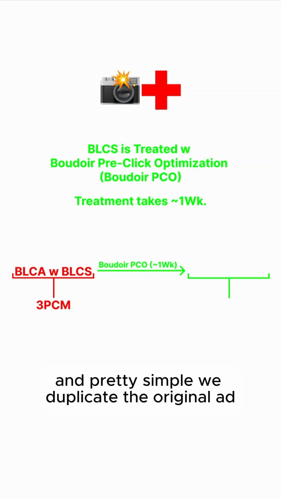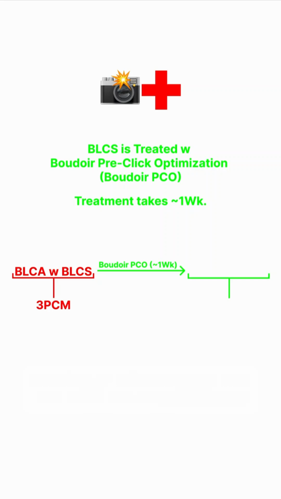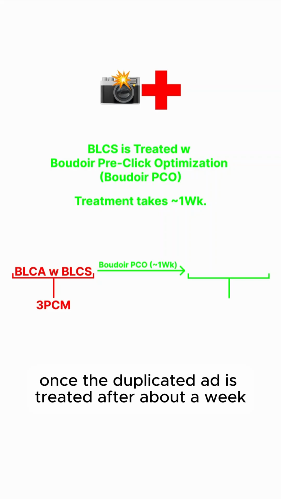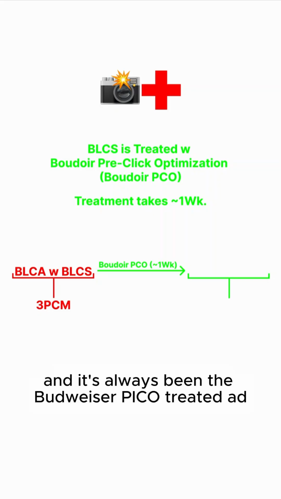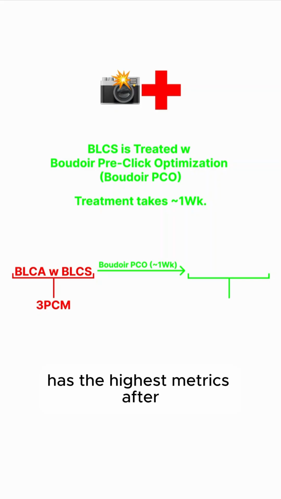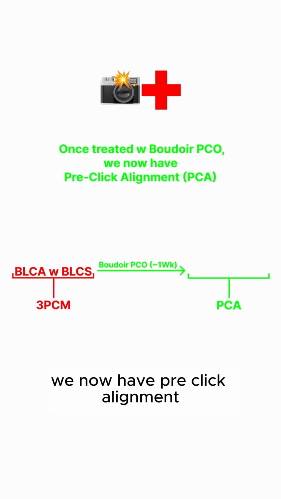And pretty simple, we duplicate the original ad, leave that one running or off, whatever, and we treat the duplicated ad. Once the duplicated ad is treated, after about a week, then we keep whichever one has the highest metrics. And it's always been the boudoir pico treated ad that has the highest metrics after. Now, once treated with boudoir pico, we now have pre-click alignment.